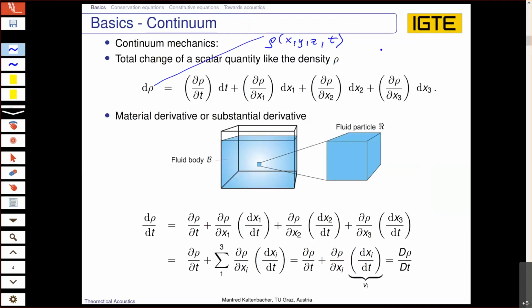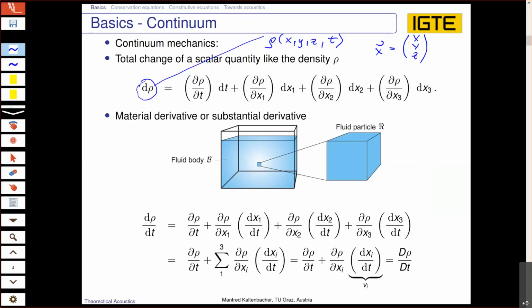And the vector x will have the components x, y, and z. And what we are always looking for if we have physical fields is the total change of a physical quantity. The total change is written here with this symbol d. So d rho is the total change of the density.